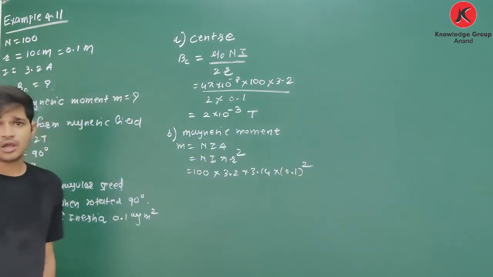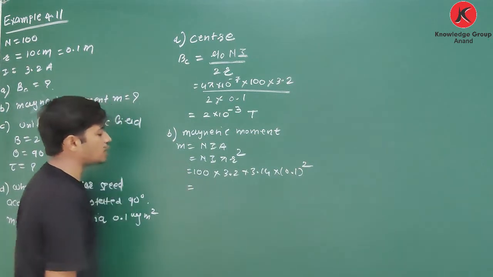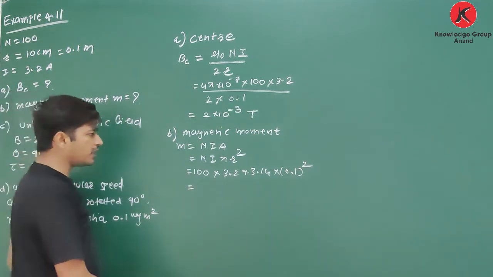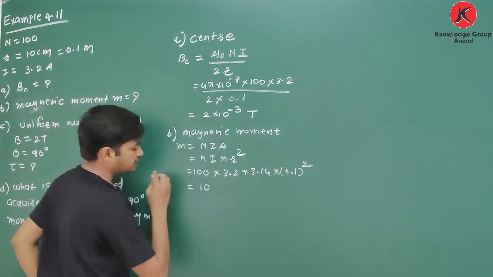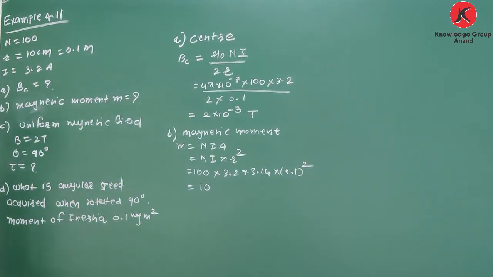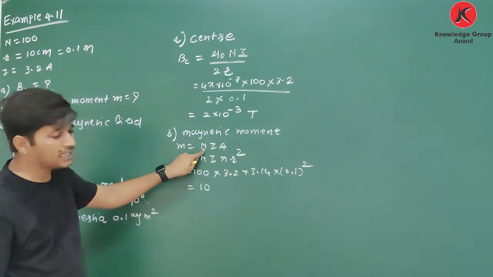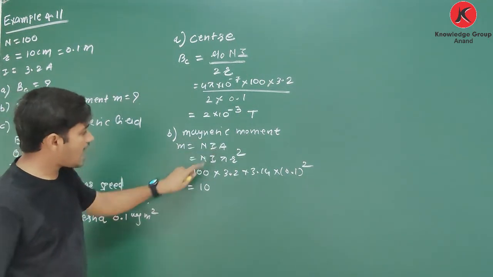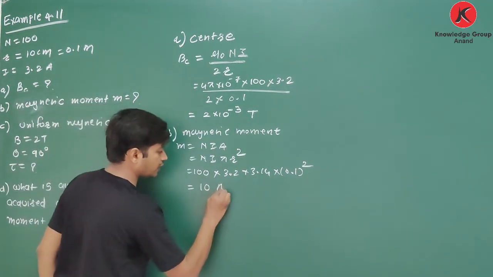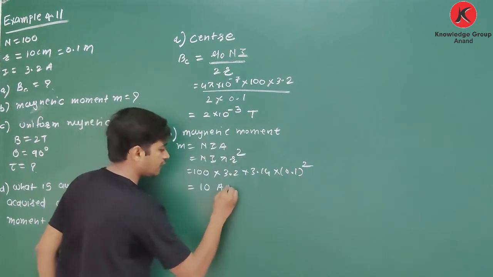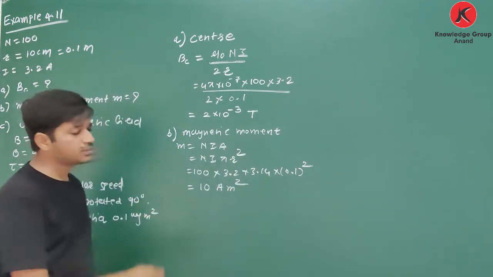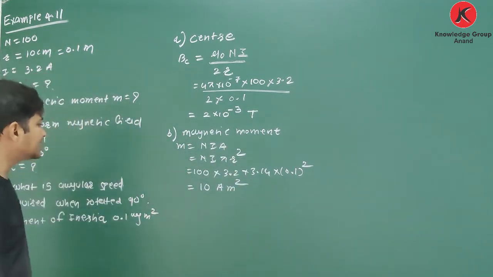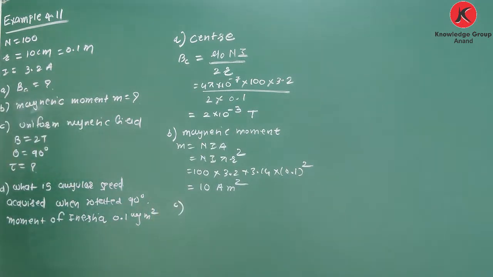Clear about this? If you multiply this, you will get magnetic moment nearly 10. What is the unit of magnetic moment? N, the number of turns, is unitless. I, current, its unit is ampere. A, area, its unit is meter square. Simple. Question C.